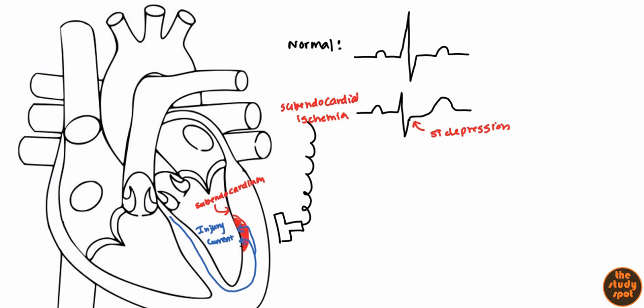ST depression is pretty much pathognomonic of subendocardial ischemia. Not only can you get ST depression, you can also get a T wave inversion. The reason behind it is not known as well as with ST depression, and again, these are all theories, but just remember, ST depression or T wave inversion both signify subendocardial ischemia.